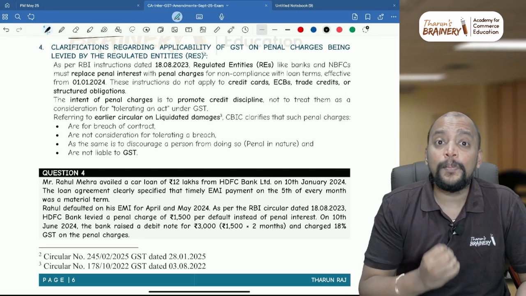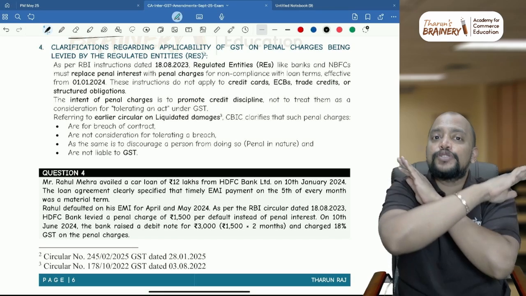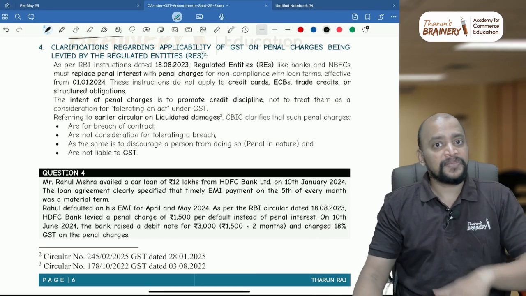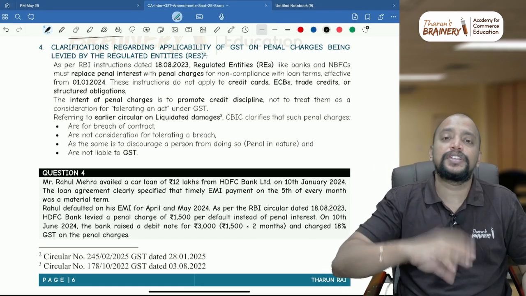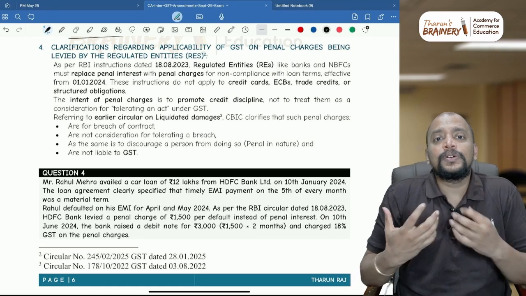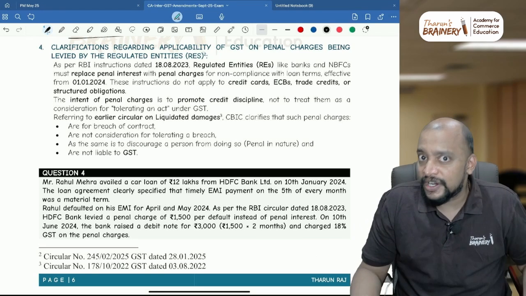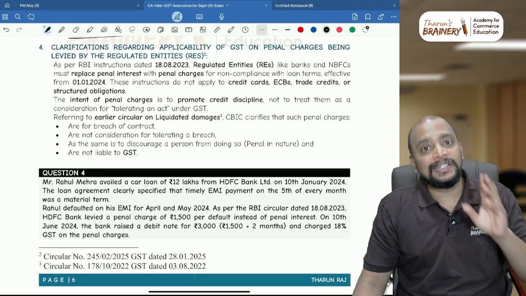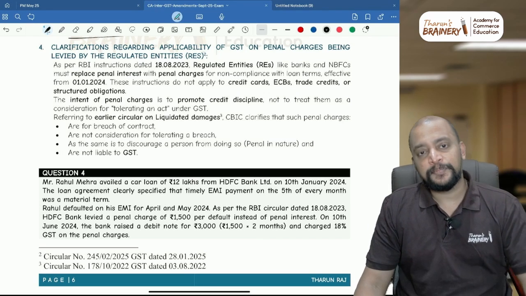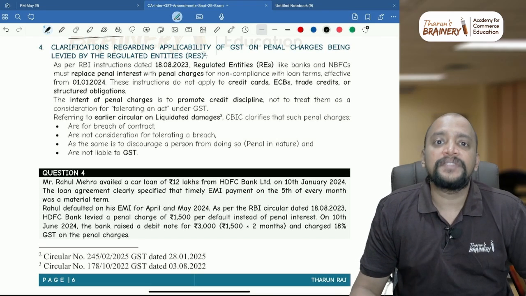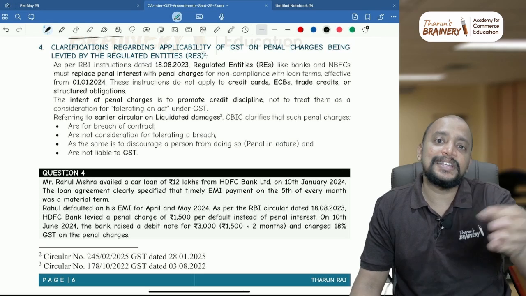If that is compensatory in nature, it means there is no possibility of performance. I suffered, and you are just giving me something to relieve me from that suffering. But of course, the possibility of performance is not there. Then it will be coming under compensatory nature. For example, say we are driving a car, and we hit one person and that person is dead.